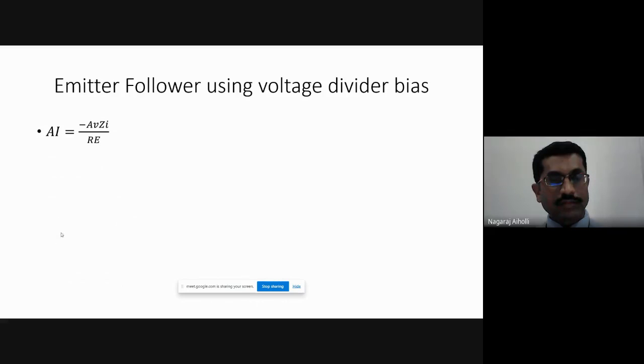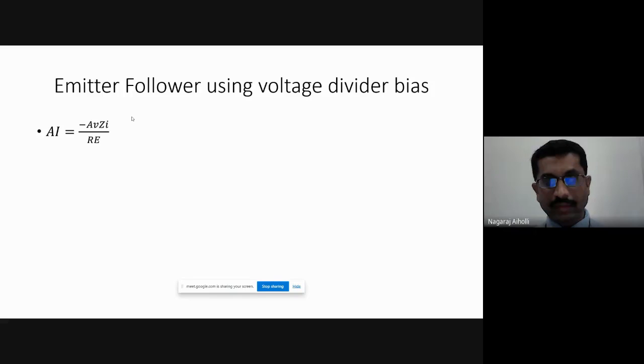Therefore, on further simplification, writing the equation for I0 and Ii, just as we discussed at the beginning of this class, if we take the I0 by Ii ratio, then we get AI is equal to minus AV into ZI divided by capital RE. This is the equation for the current gain. That is, the current gain for the emitter follower with voltage divider bias is the same as that of the emitter follower circuit current gain equation. AI is equal to minus AV into ZI divided by capital RE.